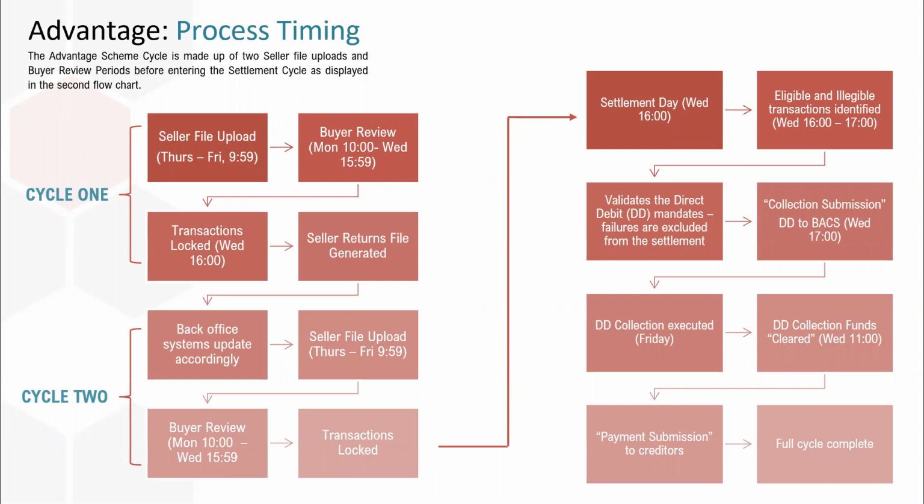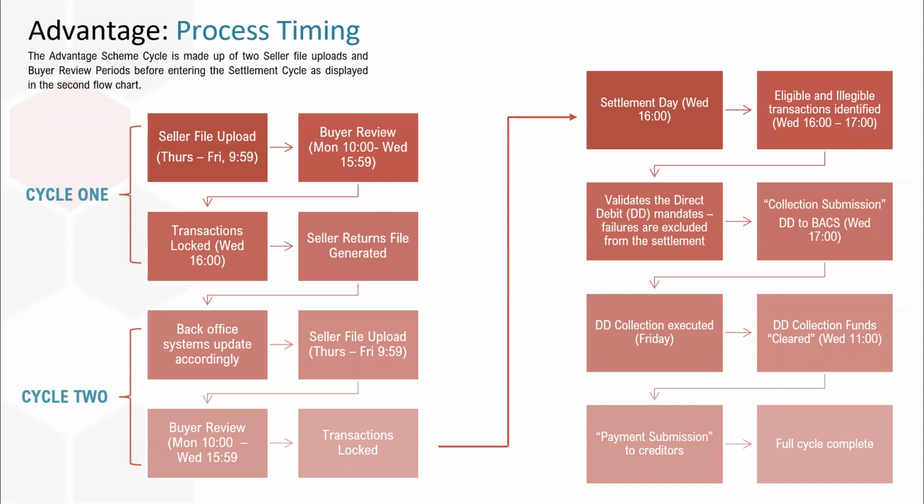So you get, firstly, the transactions are identified. So any transactions where the sellers can see the buyers have rejected them or they haven't reviewed them will be removed and not included in the submission. And the same goes for any direct debit mandate failures. Again, any transactions associated with those would be removed.